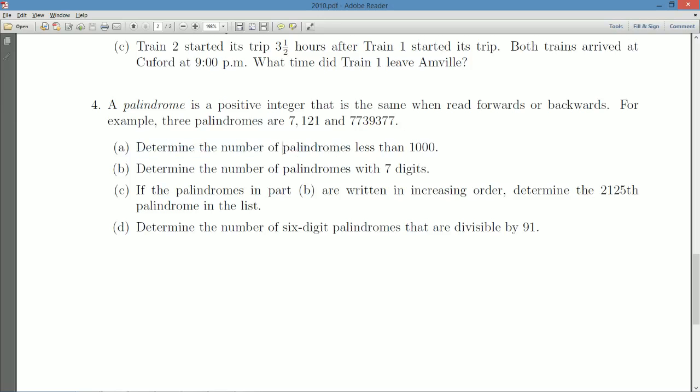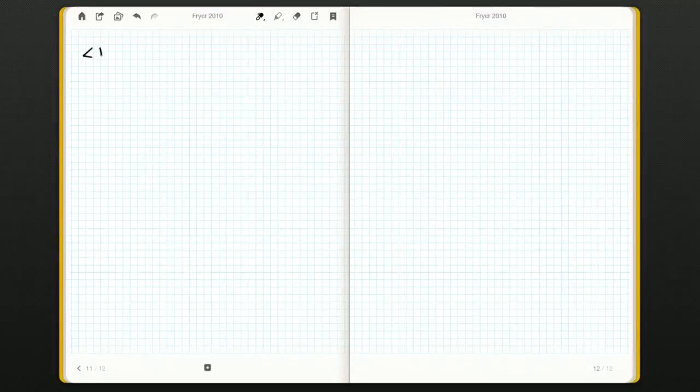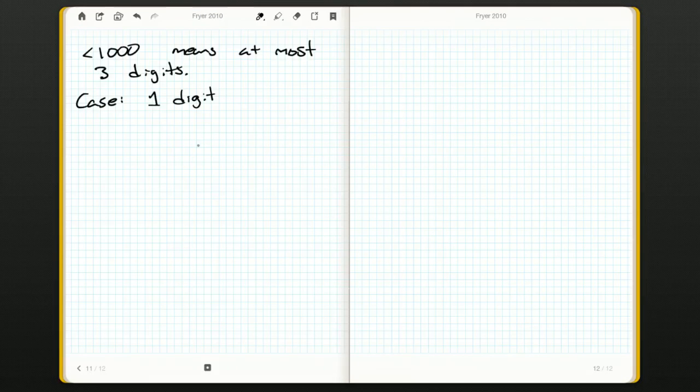Okay. So we could have 1 digit, or 2 digits, or 3 digits. So that's going to give us a couple cases we're going to have to work out. So let's suppose we had 1 digit. Well, as an example, 7 was a palindrome.